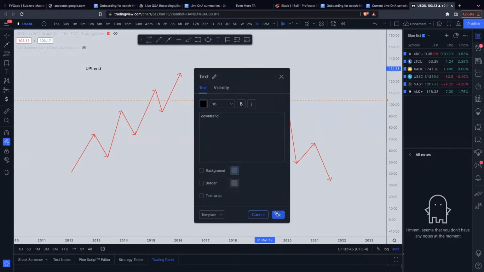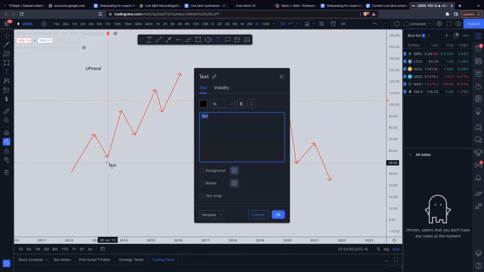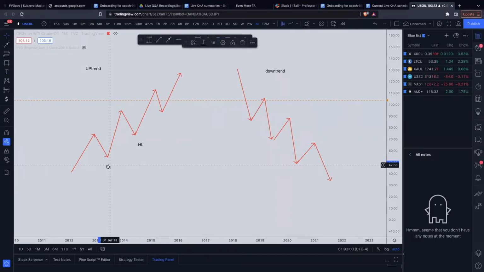Very simple stuff. What we're going to look at is our low point and our higher low point. So for an uptrend, you have a low, higher low, meaning this low point is higher than this low point. Very simple.